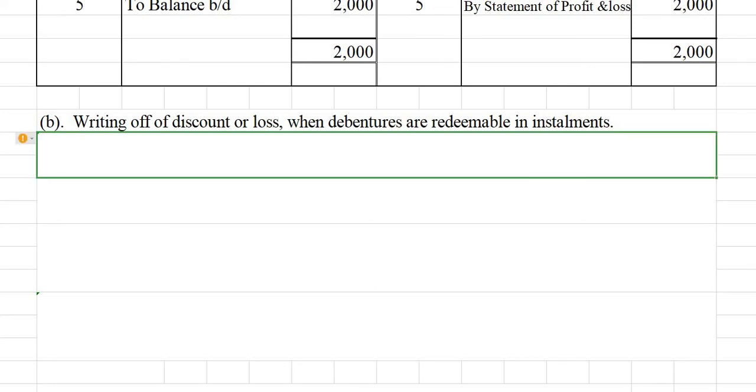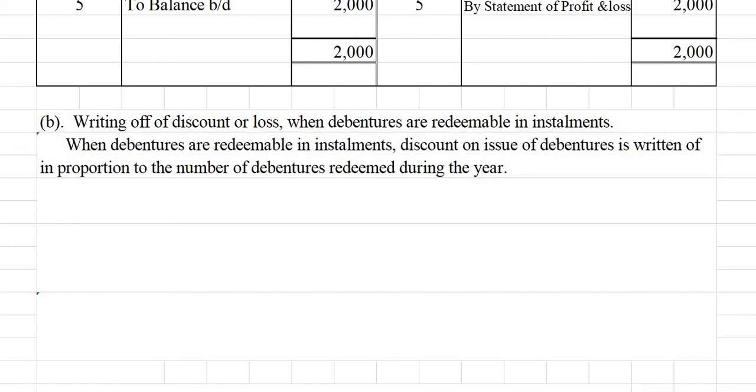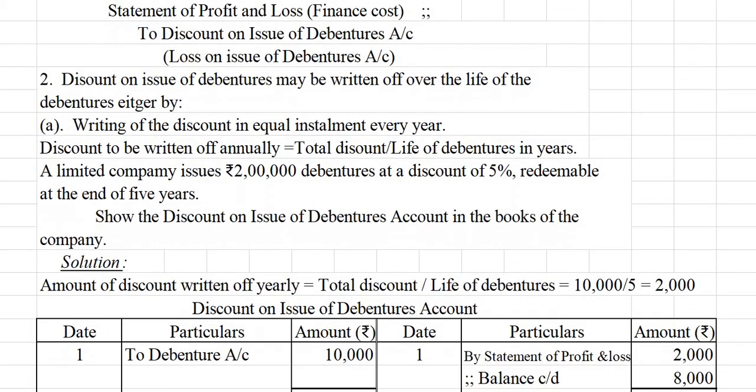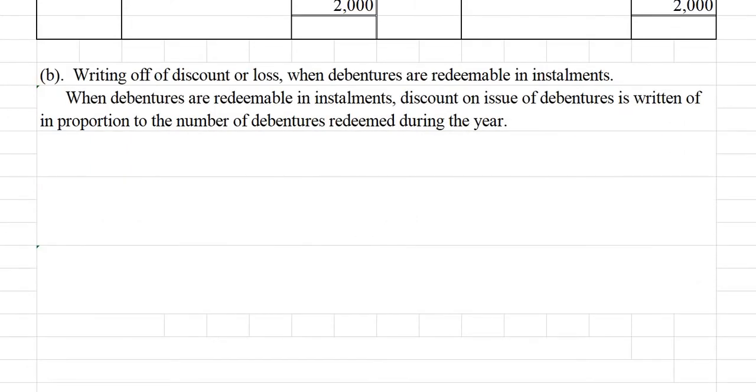So let us see here. When debentures are redeemable in installments, discount on issue of debentures or loss on issue of debentures is written off in proportion to the number of debentures redeemed during the year. For example, in the previous question there were debentures of 10,000. Suppose there are 10,000 debentures.